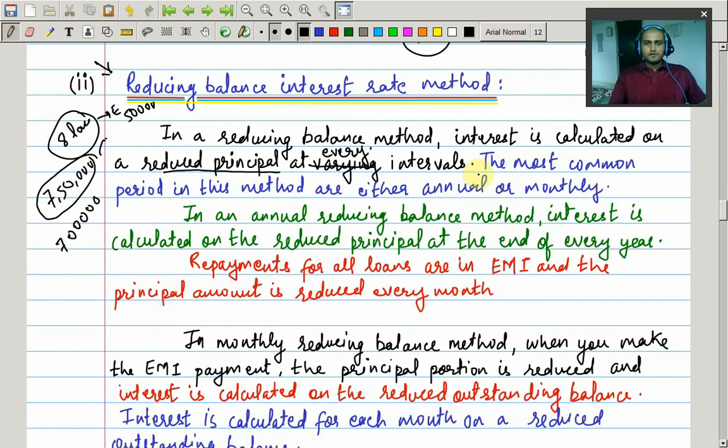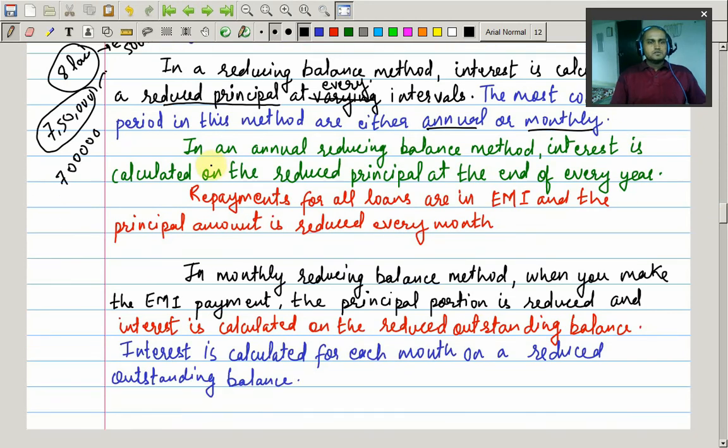So let's read further. The most common periods in this method are either annual or monthly. So in an annual reducing balance method, interest is calculated on reduced principal at the end of every year. Okay, so that's obvious. Repayments of all loans are in EMI and the principal amount is reduced every month.